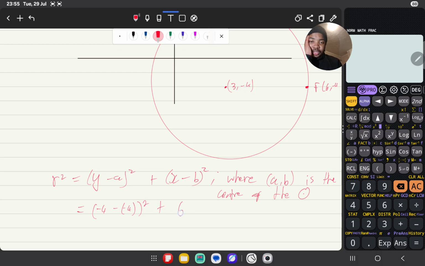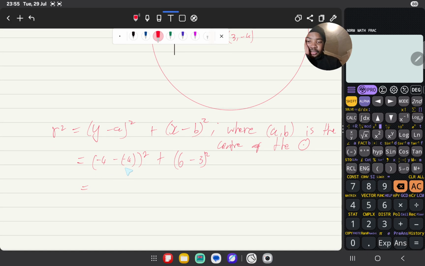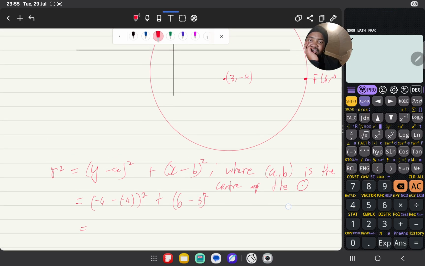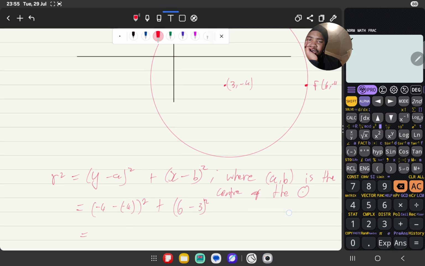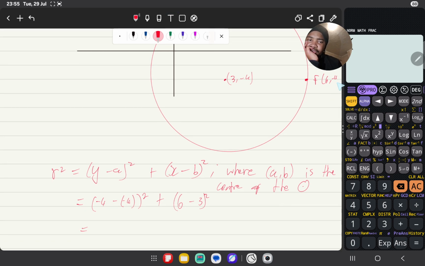Then you have x, which is 6 minus 3, right? You square 6 minus 3. Let me put the whole thing in a calculator. That is going to be 0, it seems.